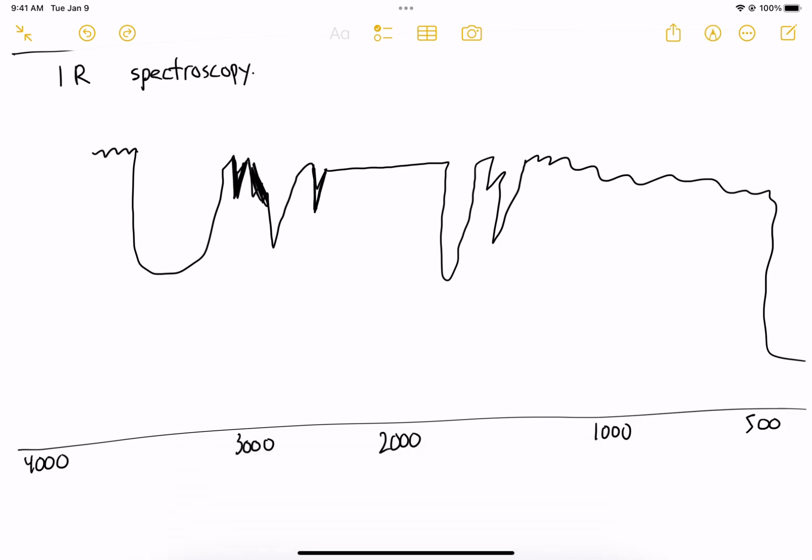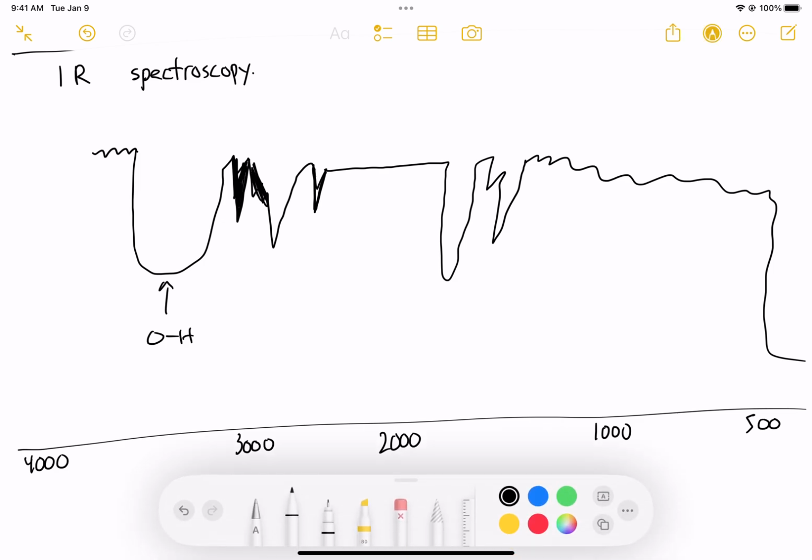So this peak here, this looks like an OH peak because it's between 3,000 and 4,000 and it's very broad. So that's indicating alcohol. This peak right here, let's draw it a little more clear. Actually, this is really bad. Let me just redraw it. But I'm afraid if I redraw it, it'll erase. So maybe I just have to outline it. Okay, there we go.